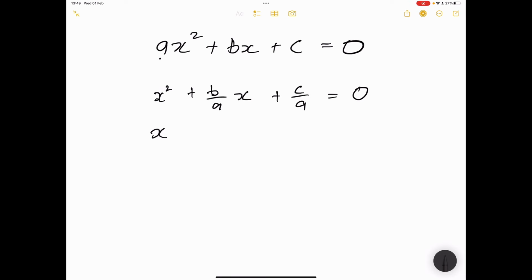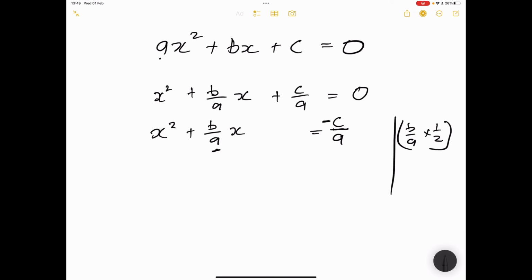And remember, 0 divided by a would still be 0, so that doesn't change. So we're going to say x squared plus b over a x, and we're going to take c over a to the other side. But remember, for us to do that, we need to change the sign, so that's going to be minus c over a. And then, now we said you take the middle term, so that's b over a multiplied by 1 over 2, and you square that.